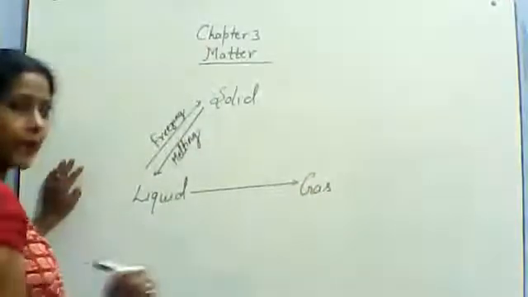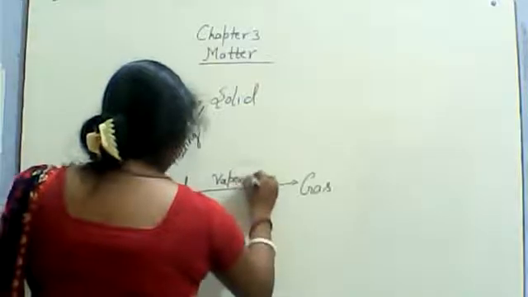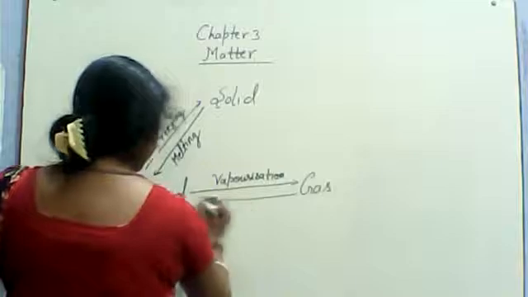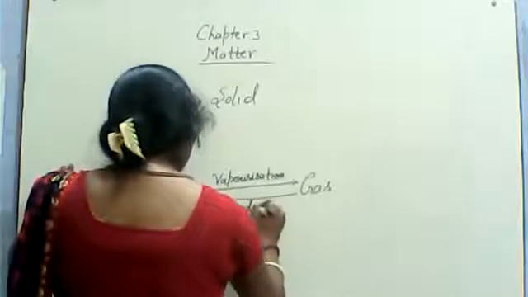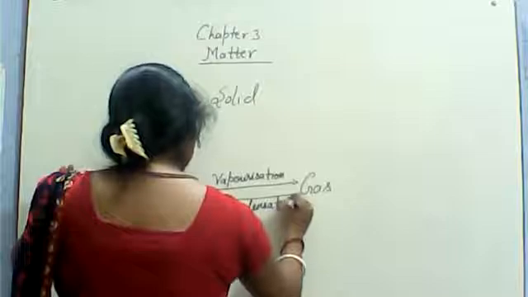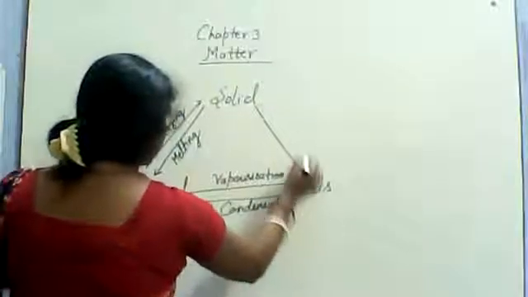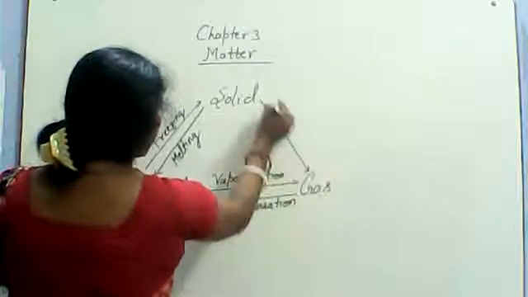Changes into gaseous state, that is vaporization. When gaseous state changes into liquid, that is condensation. When solid state changes into gaseous state, that is called sublimation.